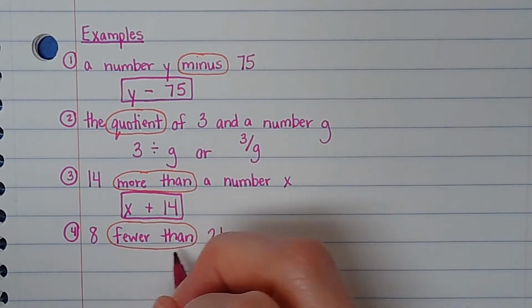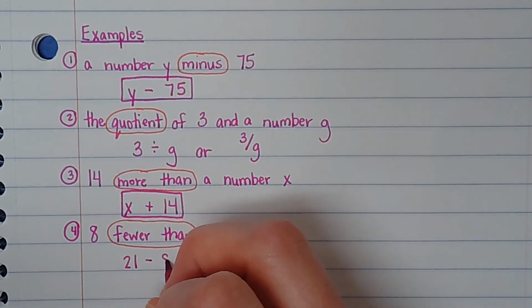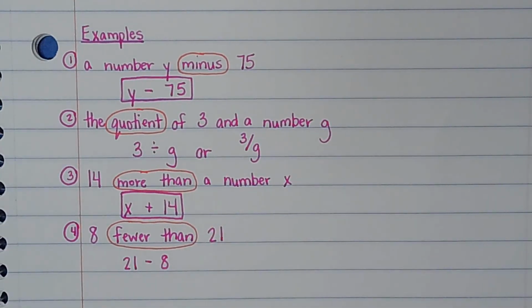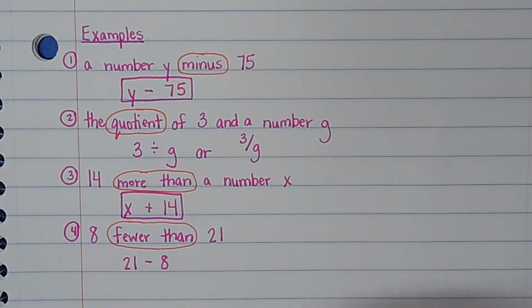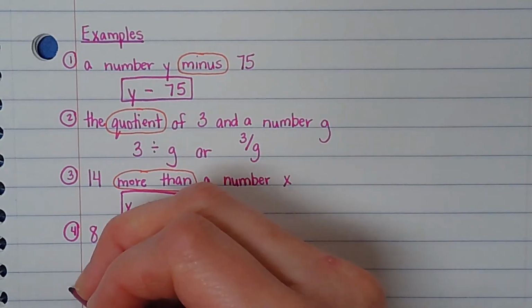So instead of going last, 21 is actually going to go first. 21 minus 8, okay? If it wants you to solve it, then you solve it, but most of the time they just want to know how you write the expression, so you could just leave it as that right there. All right, next one.